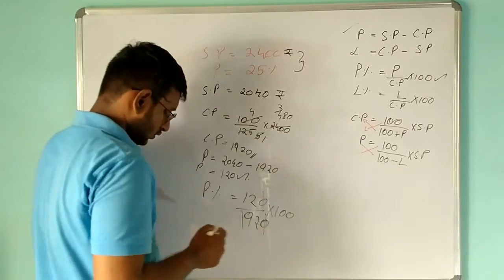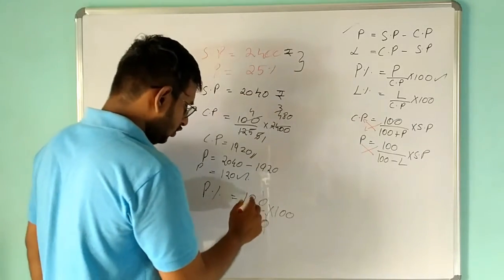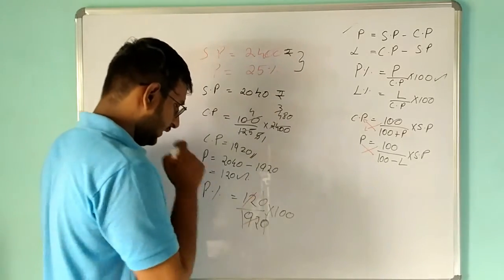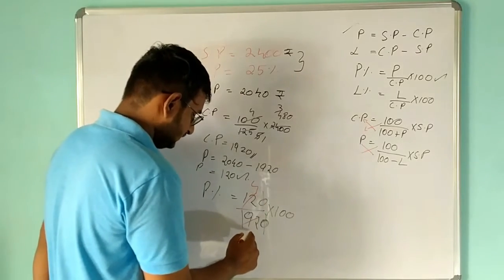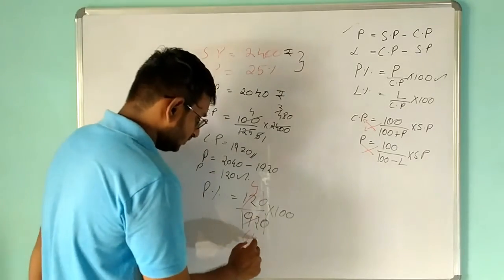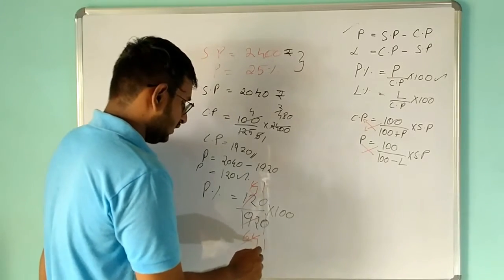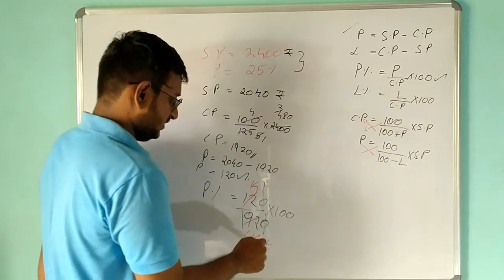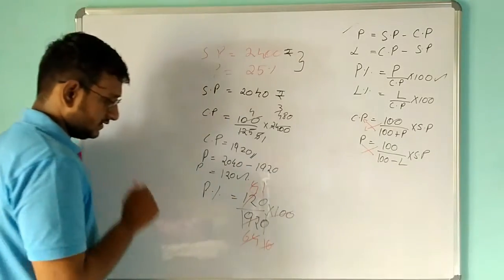So we can cancel 0. Then we will have around 12 tables, right? So we can cancel it by 3 tables. 3 4s are 12, 3 6s are 18, 1 4 is 4, 4 16s are 64, I guess. Yeah, 16. So we will have 16 and we have to cancel this by 16.